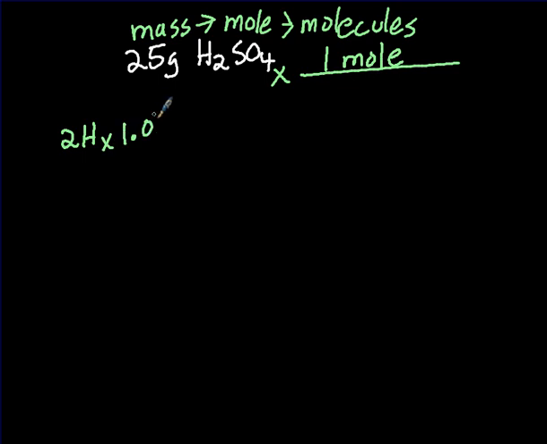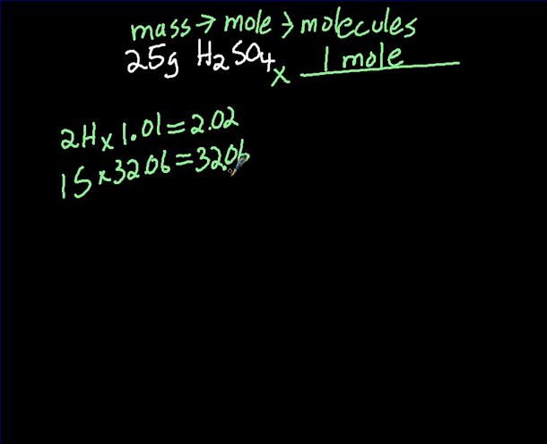Hydrogen is 1.01, so 2.02. We got 1 sulfur. Let me make sure that's right. Yep, again, that's just 32.06. And then we got 4 oxygens.